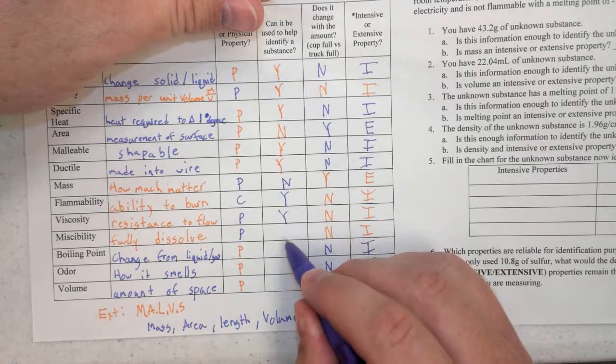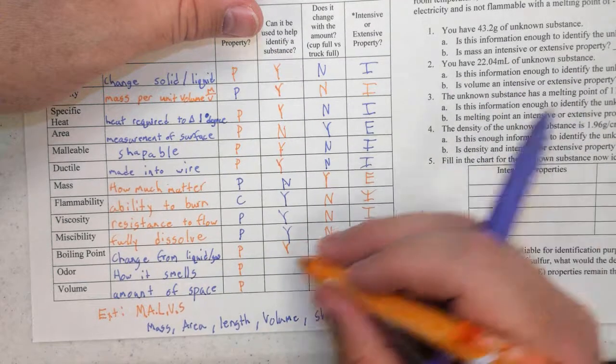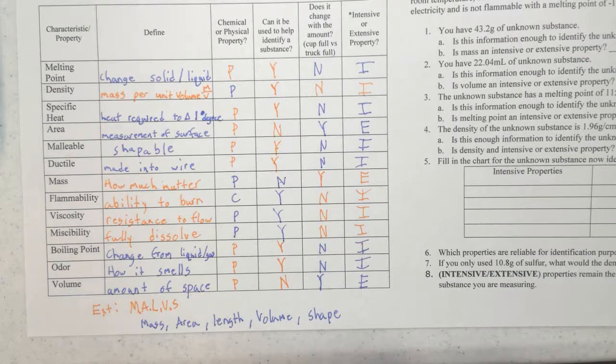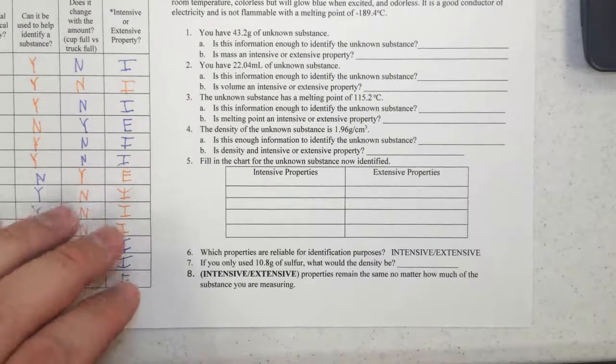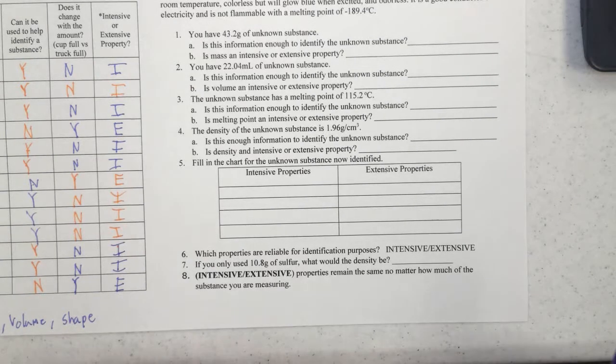Yes. Yes. Yes. Yes. No. Okay. So that should be all filled out. Again, pause it if you need to, but we're going to go ahead and move on to the next part. Okay. So we're going to use the reading here to answer questions.